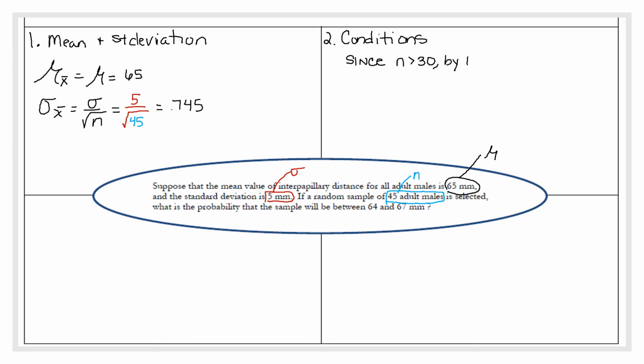By the central limit theorem, the sampling distribution of sample means is approximately normal.